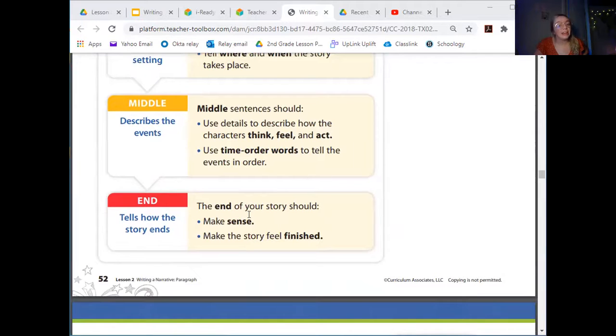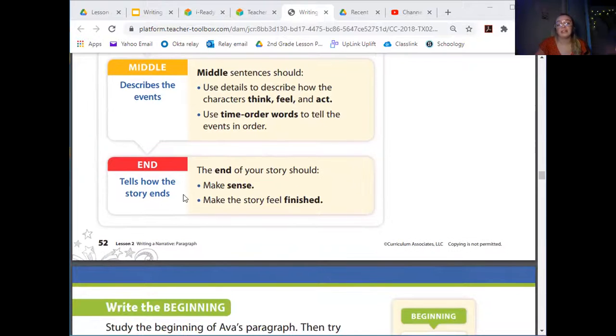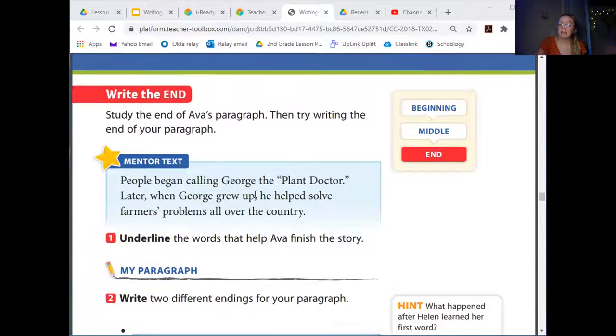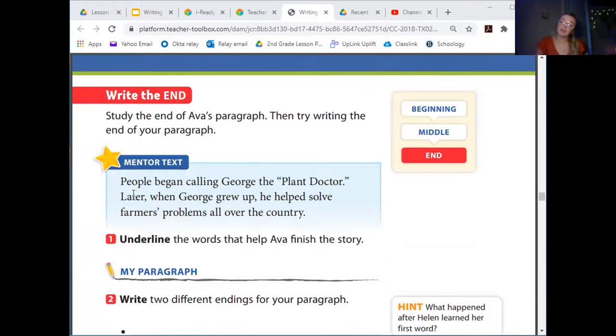That's right. The end of our story should make sense and make the story feel finished and tell how the story ends. And I think Ava has done just that because she told us what happened when George grew up. Let's follow the instructions here to help us understand her ending a little bit more.